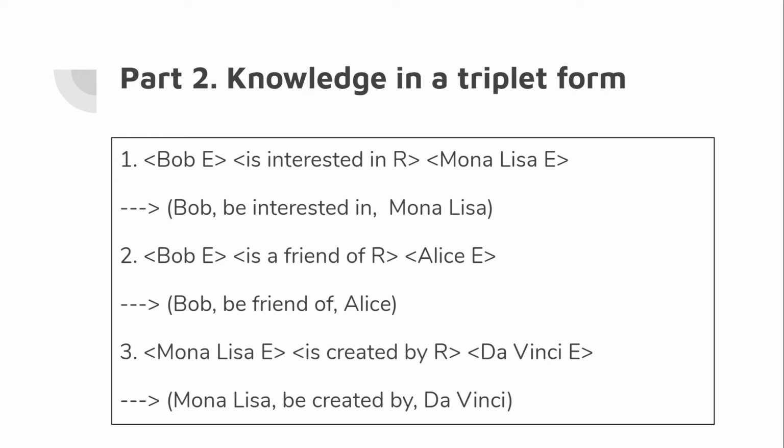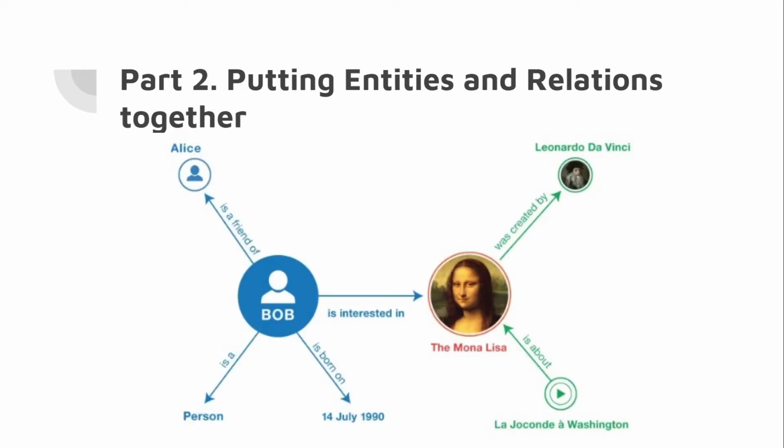Bob is the head entity, interested in is called the relation, and Mona Lisa is the tail entity. Putting all of the previously mentioned elements together, we get a knowledge graph like this. A knowledge graph is typically stored as the triplets mentioned here, and for users, it's very convenient to visualize the knowledge graph in this graphical way.